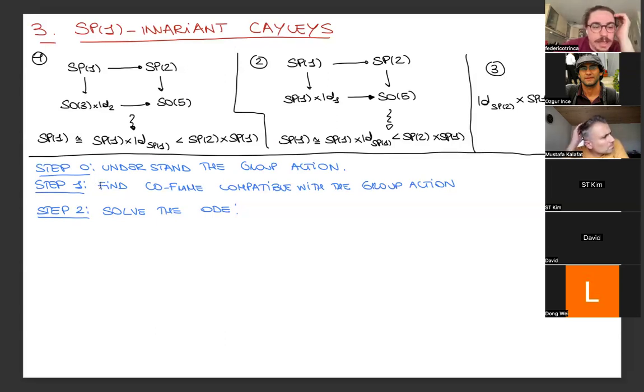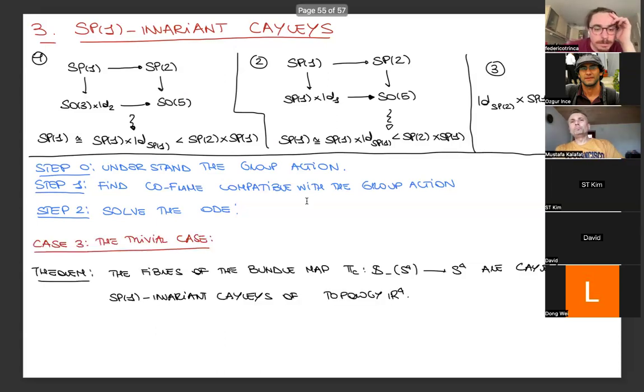And then, as in their paper, we have to find a coframe which is compatible with the group action and solve the ODEs. These steps are very similar, just more involved computationally. Now, the third case is the trivial one. Indeed, we're just taking the Sp1 action on the fiber, and we said that the fibers are Cayley's, and so we recover exactly the same thing as in S3 times R4.